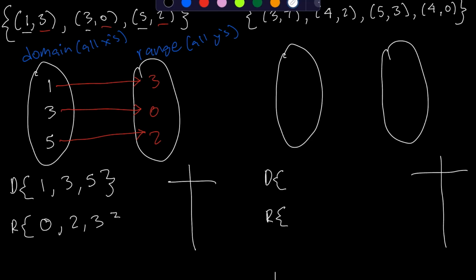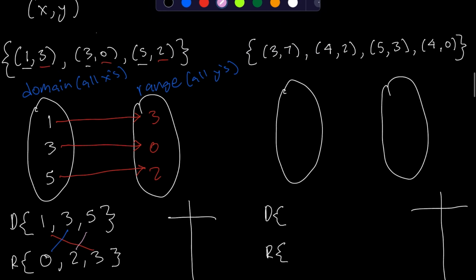And just as we did by drawing arrows to show that it's a function, we can do the same here. So 1 goes with 3, 3 goes with 0, and 5 goes with 2. And how did we get that? We looked at this relation up here with these coordinate points. And just as with our two big bubbles with the domain and range up here, we got the same result. We don't have inputs that yield multiple outputs. For example, 3 doesn't yield two different outputs, two different y values.